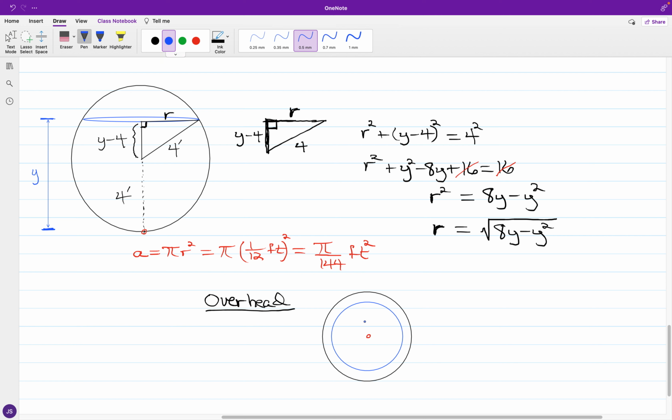And working with what we have again for the overhead view, now we're looking at the cross-sectional area in terms of the liquid level. And again, we have the radius is going to be the square root of 8y minus y squared.